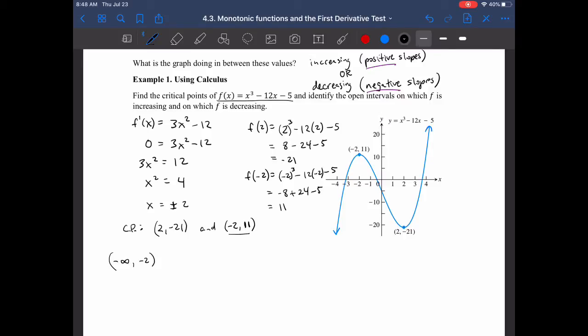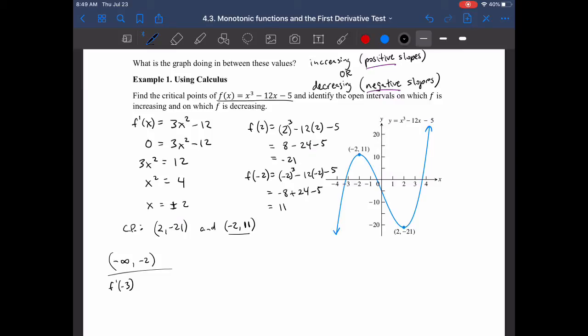We can do a quick derivative and plug in a value that is less than -2. I'm going to pick f prime of -3. You could pick -4 or -100 or -1,000,000, as long as you don't cross another critical point.